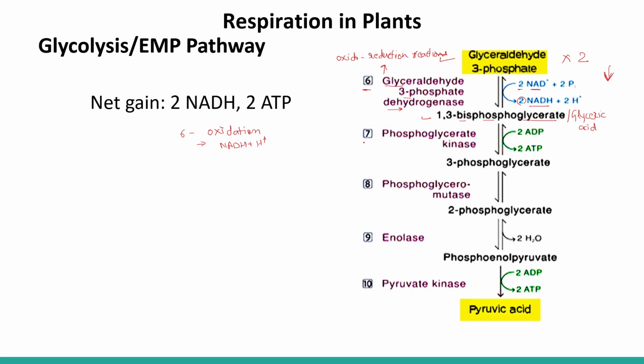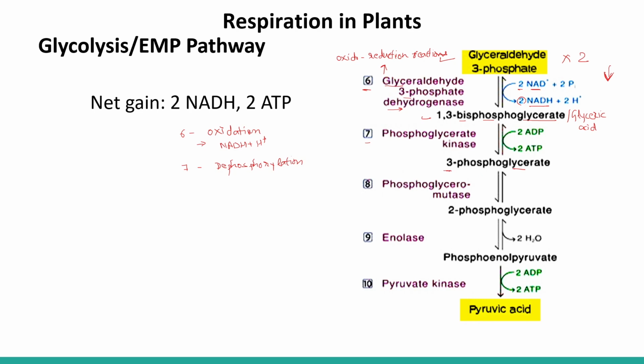In the next step, which is step 7, what is happening? 1,3-bisphosphoglyceric acid, or glycerate, is converted into 3-phosphoglyceric acid. This step is known as the dephosphorylation step. This is the first dephosphorylation, meaning there is loss of a phosphate.